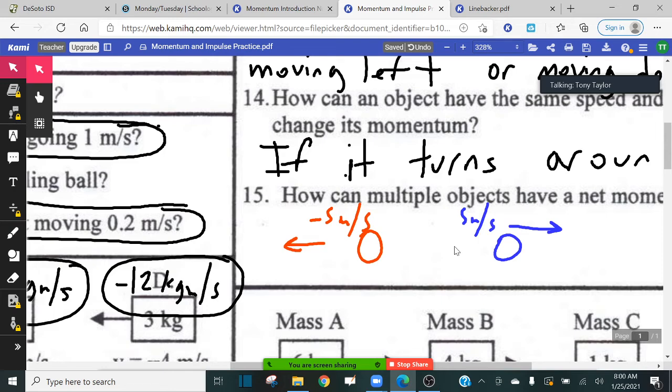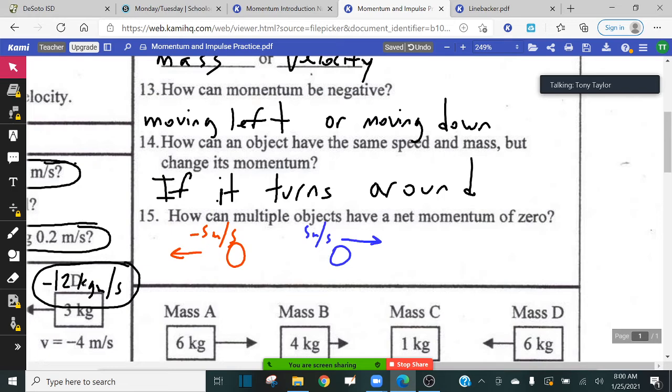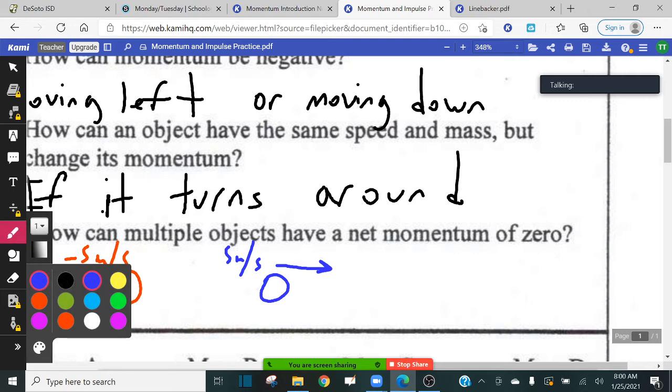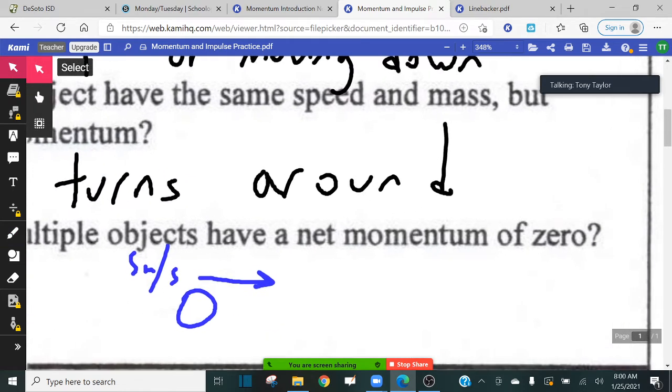So to answer number 15, how can multiple objects have a net momentum of 0? You will put, if they both move in opposite directions.